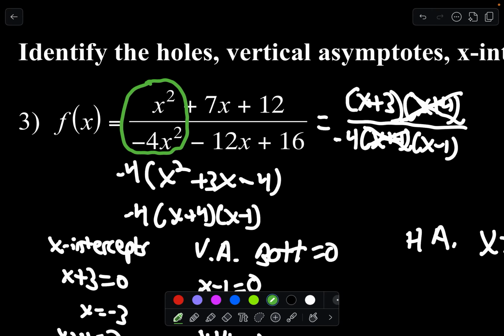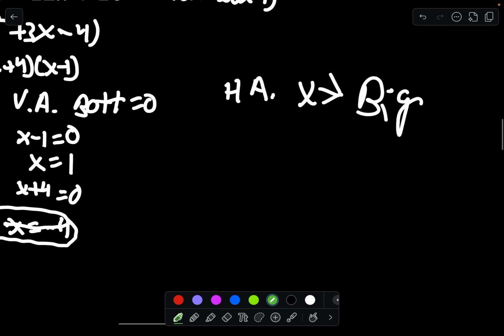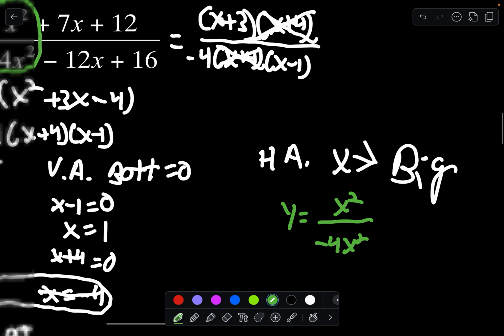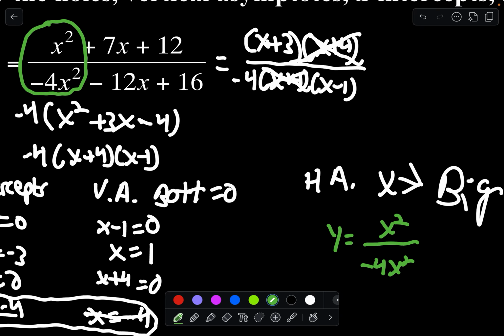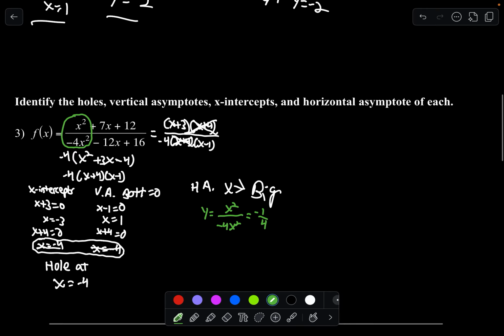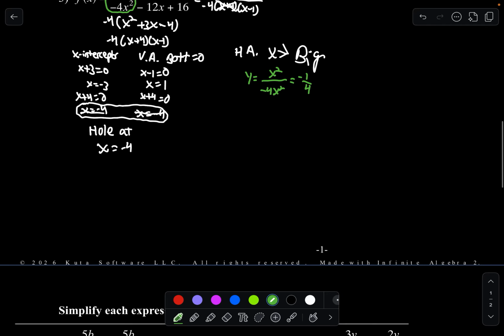So we're going to look at only these two, x squared over -4x squared. So y equals x squared over -4x squared. I don't care about anything else. It's just the lead term. The x squareds divide out, and that gives you -1/4. So that's a horizontal asymptote. And we answered all parts of that. Okay?